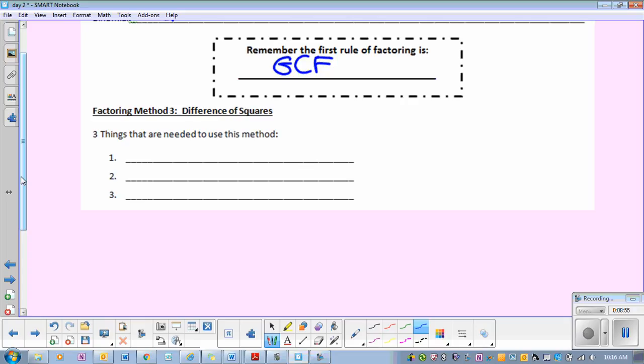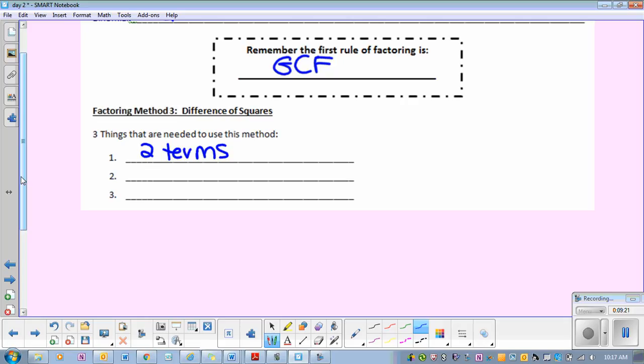Okay, so with binomials, you can always do just GCF, or you can take it a step further and do something called difference of squares. Let's go over the 3 things that are needed to use this method. First of all, you've got to have 2 terms. Only 2 terms.